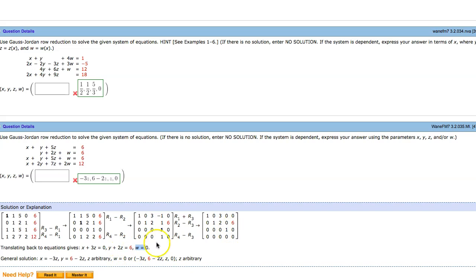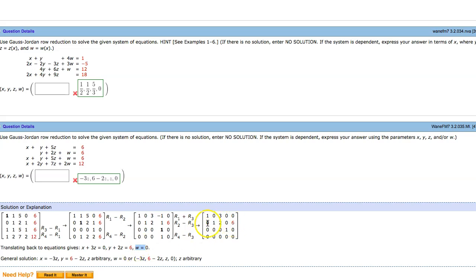But notice you don't get anything decisive for the other variables. We've got a bunch of planes in hyperspace that are crossing, that have dependency. So we have some hyperdependency. We have x, y, z, w in the solution column.